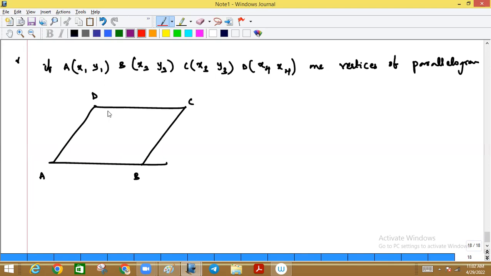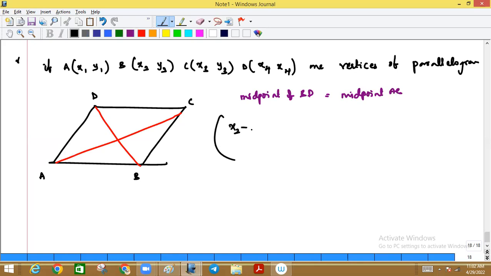Midpoint of diagonals you equate. You equate the midpoint of diagonals. Okay, so that you will get it easily. So I would say midpoint of BD is equal to midpoint of AC. Midpoint of BD means, I would say, (x2 plus x4) by 2, (y2 plus y4) by 2, equals (x1 plus x3) by 2, (y1 plus y3) by 2.